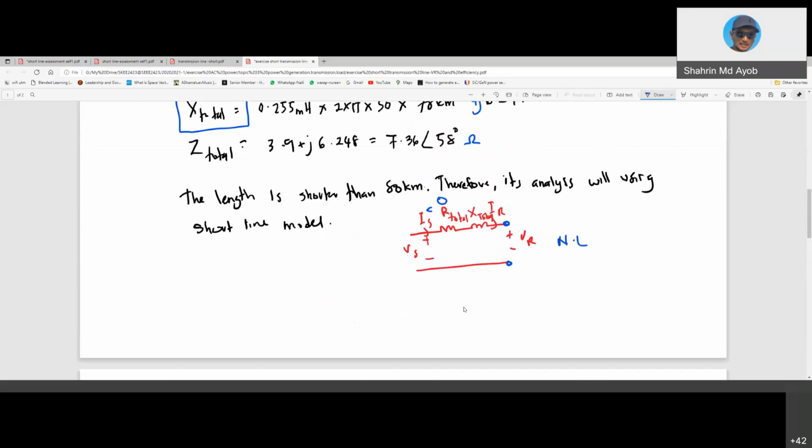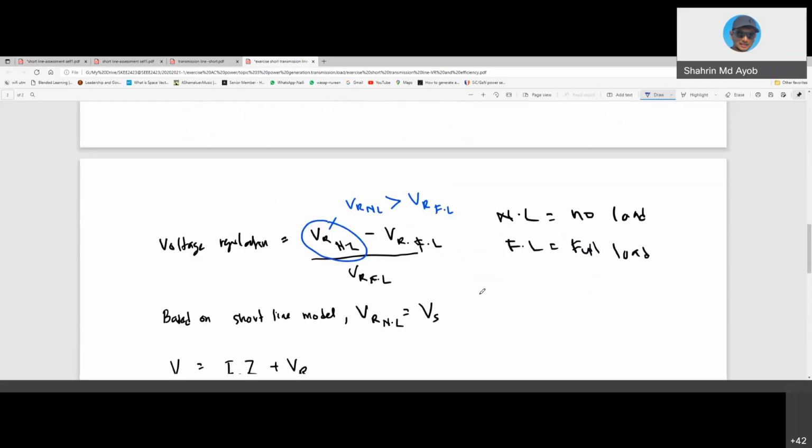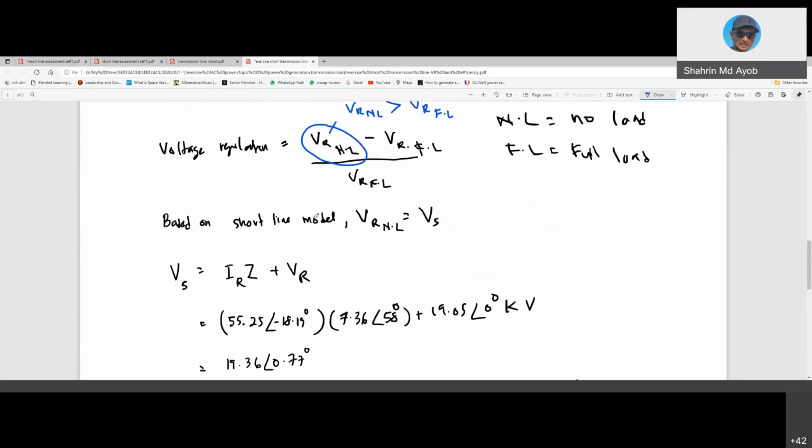When the current is zero, there is no voltage drop across this impedance, meaning that your V_R no load is equal to the sending voltage. So based on the short line model, we can conclude that the V_R no load value is equal to V_s.